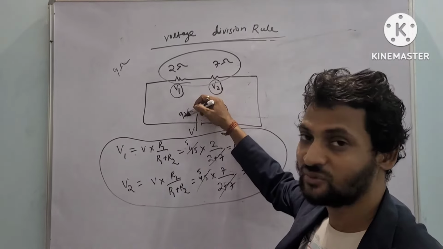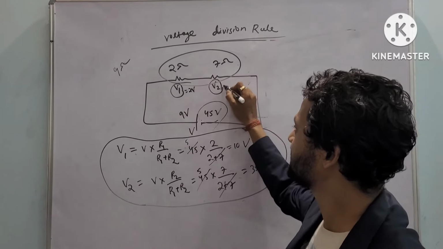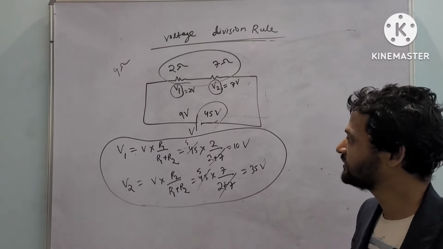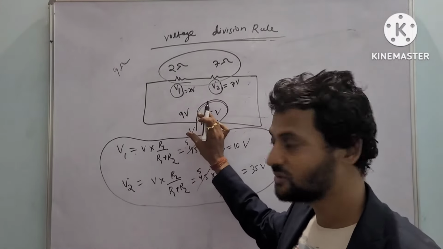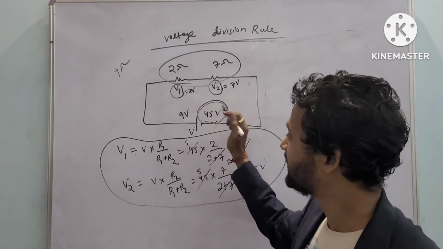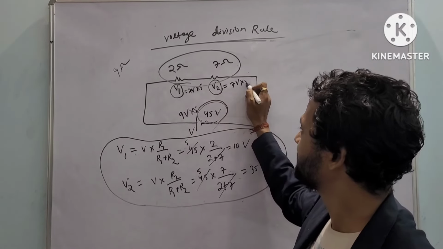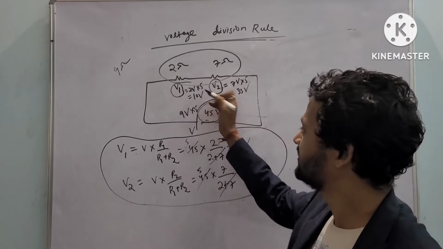So मैंने क्या बोला था? वोल्टेज सेम रेशियो में डिवाइड हो जाएगा. तो इसमें वोल्टेज कितना होगा? 2 वोल्ट. इसमें कितना होगा? 7 वोल्ट. Are you getting my point? But actually 45 voltage is given, not 9 volt. So 45 is how many times of 9? 5 times. तो इसमें 5 मल्टीप्लाई कर दो, इसमें 5 मल्टीप्लाई कर दो. ये हो गया 35 वोल्ट, ये हो गया 10 वोल्ट.